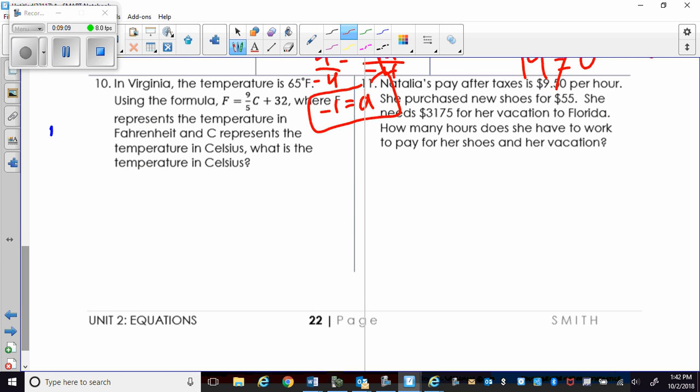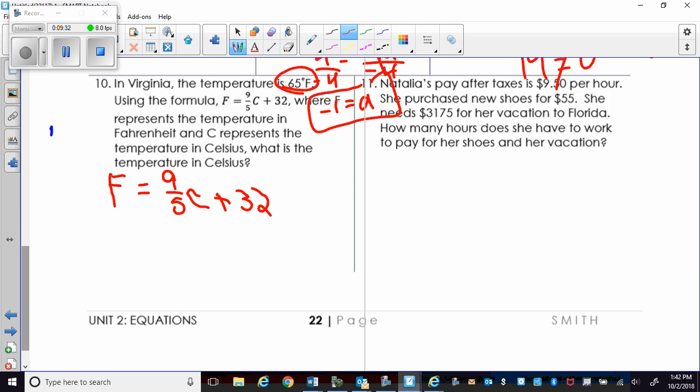Number 10 says in Virginia, the temperature is 65 degrees Fahrenheit. Using the formula where F represents the temperature in Fahrenheit and C represents the temperature in Celsius, what is the temperature in Celsius? You plug the number in. F equals 9 over 5 C plus 32.